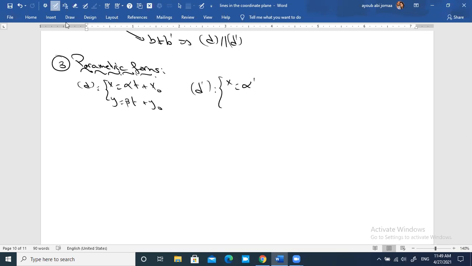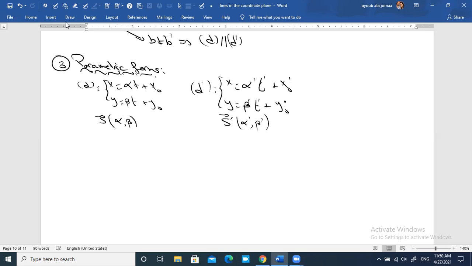I'm not going to use t because we have this parameter t for the first line d, so use another parameter, t prime, k, anything, but a different parameter. Direction vector is s, it's alpha beta, and here s prime alpha prime beta prime.